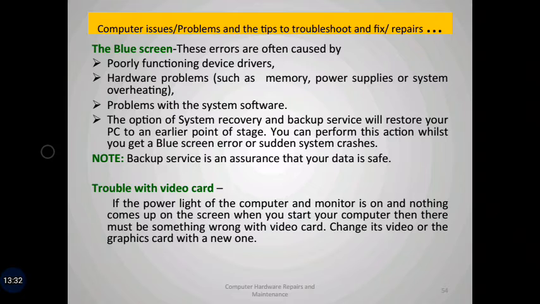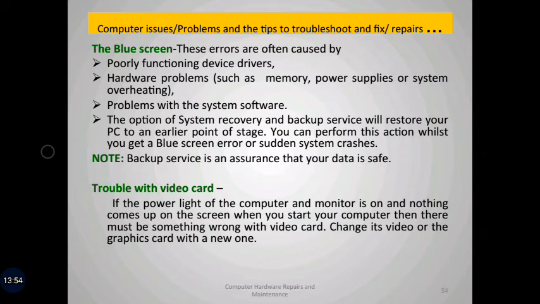The second thing you have to do, maybe it's a hardware problem such as memory, as I've told you below. Talking of the memory, maybe the hard disk or the random access memory, power supply, or system overheating. So power supply, if it's faulty, then you need to repair it or replace it.